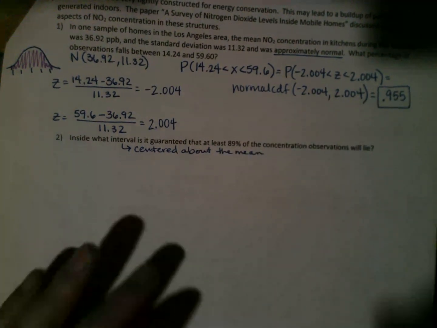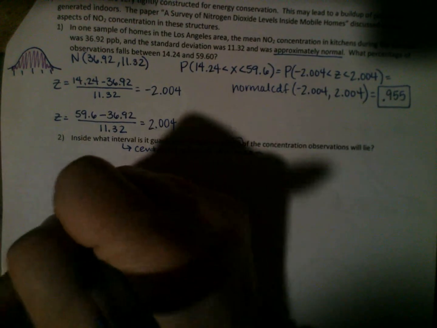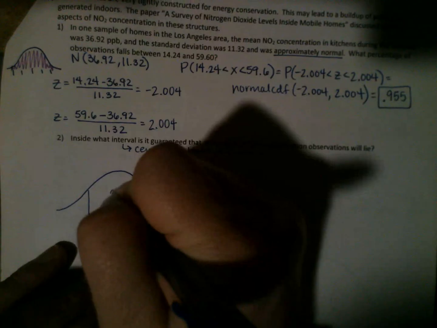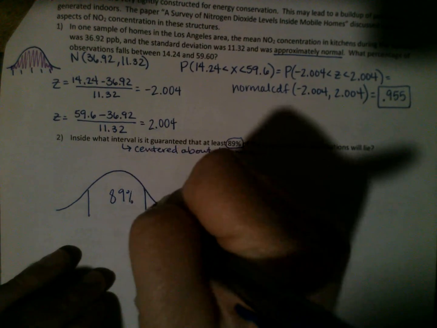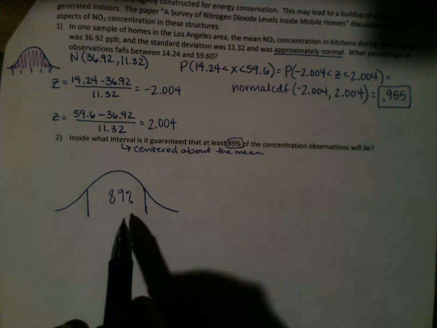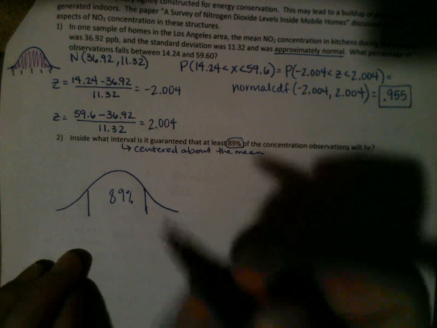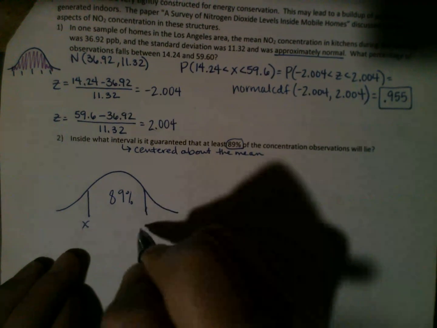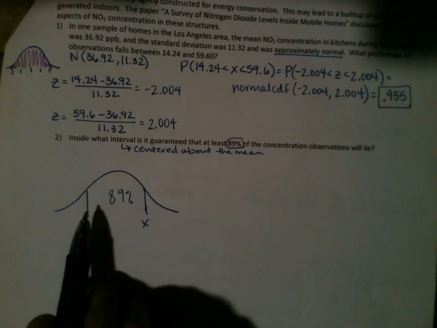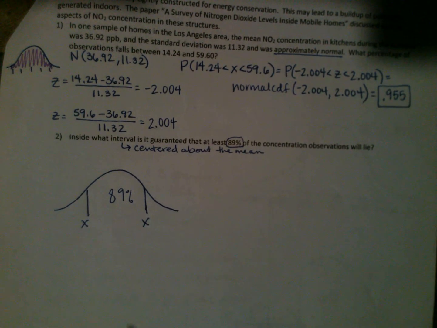Because what that implies is that this 89% that we're looking for is the middle 89%. Without that phrase, I don't know if I'm looking for the middle 89%, the left 89%, or the right 89%. So our goal is actually to figure out the two different x values that are the lower boundary and the upper boundary for the middle 89%.